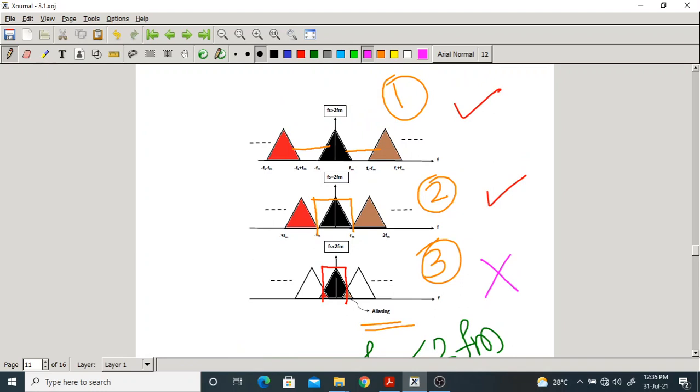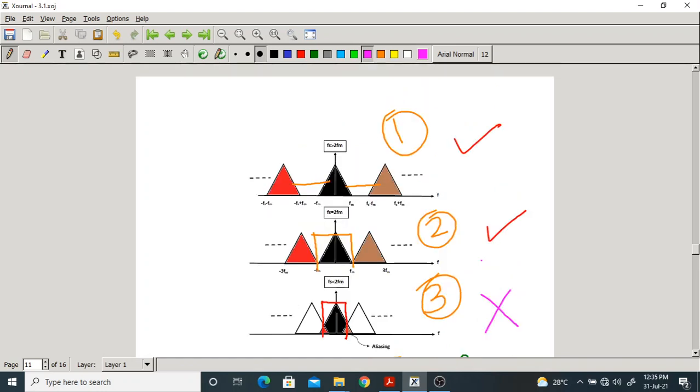Here, what I have used is a low pass filter for reconstruction. What kind of low pass filter? Ideal low pass filter. But you already know ideal filters are non-causal, they are not practically realizable. So in the first case, I don't need an ideal filter. Why? Suppose this is an ideal filter.